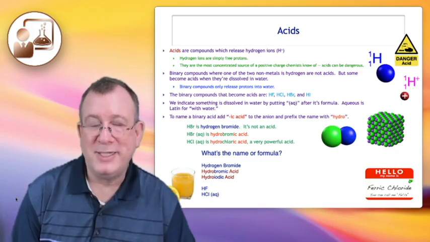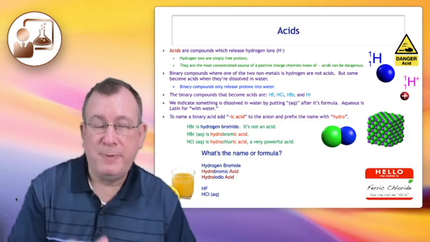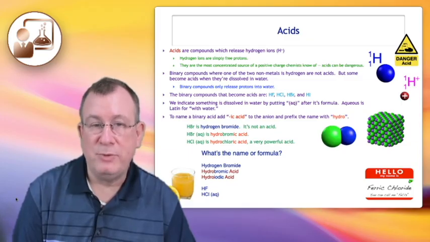So HBr is not an acid, but HBr in water is an acid. Now, all the properties of an acid come out when you bubble HCl through water.